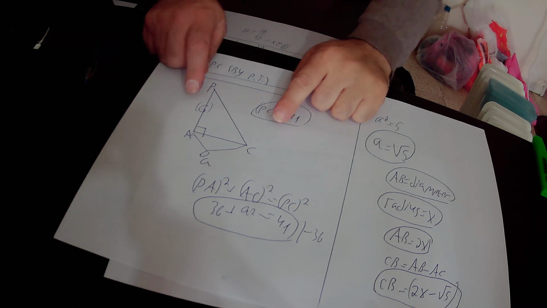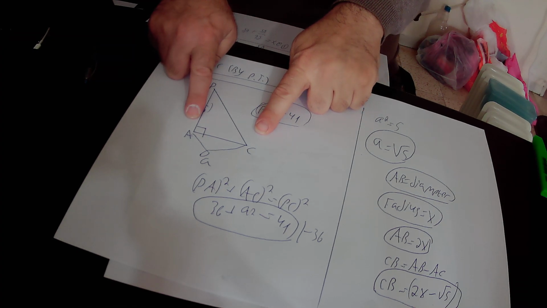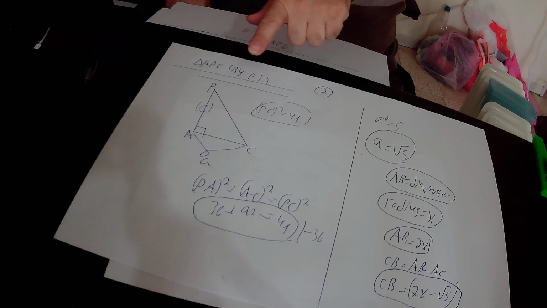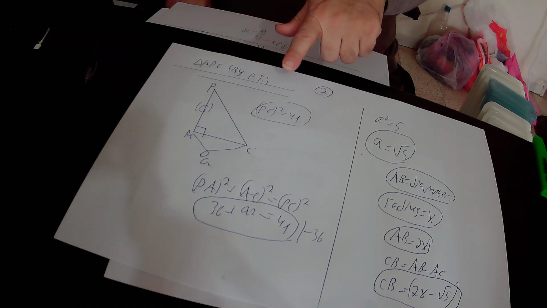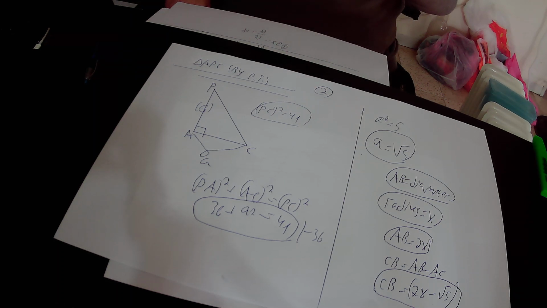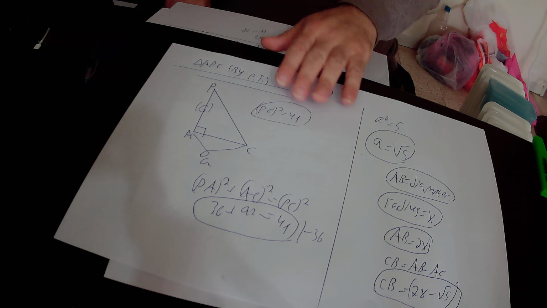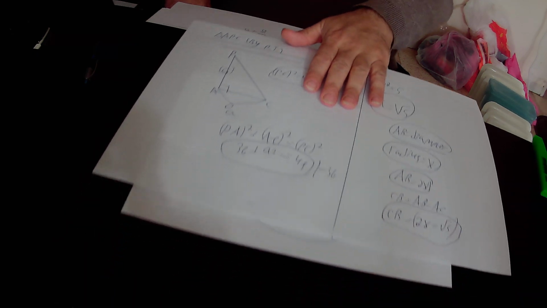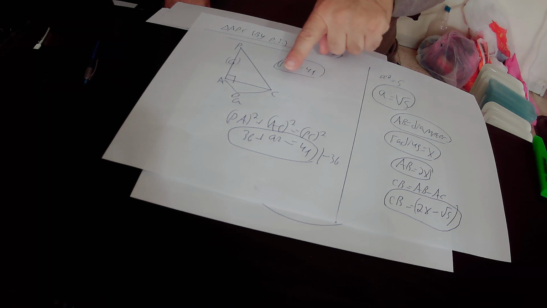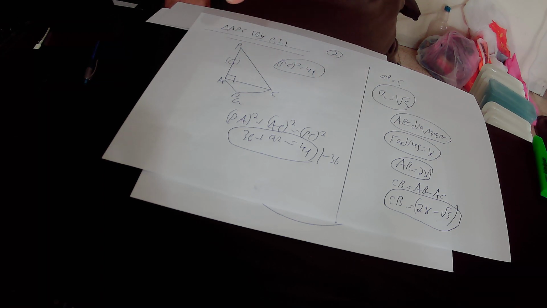We define side AC as A. And we already found that the square of the hypotenuse PC square equals 41. So in this right triangle PAC, according to the Pythagoras theorem, we get that PC square equals PA square plus AC square, or PA square plus AC square equals PC square.